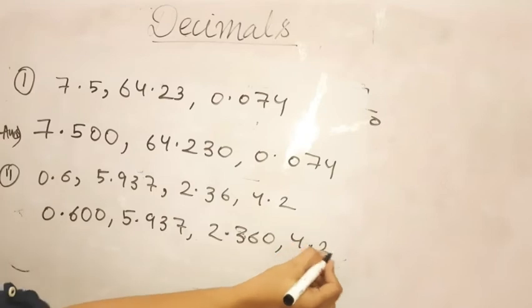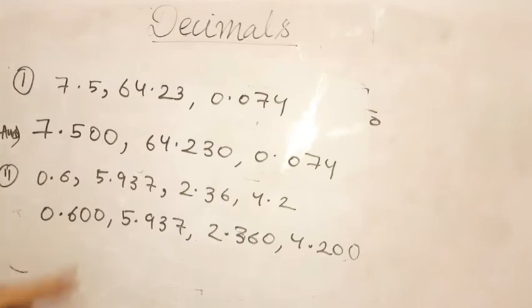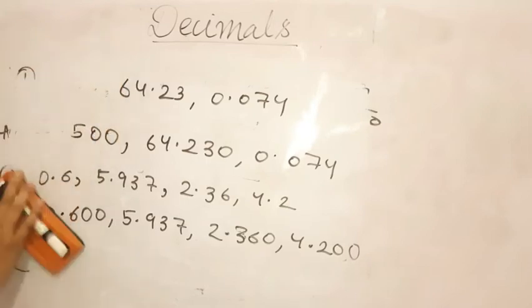So I have done that. I have given 3 places, and I have already told you that adding zeros to the extreme right of the decimal number does not change its value. The value of the decimal number does not get affected if you are adding zeros at the extreme right of the decimal number. In the same way, option number 3, option number 4 has to be done, and that is your homework. You have to do it in your maths homework copy. Now I am going to rub this.